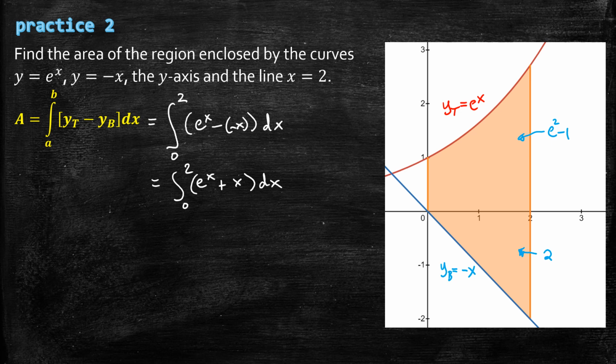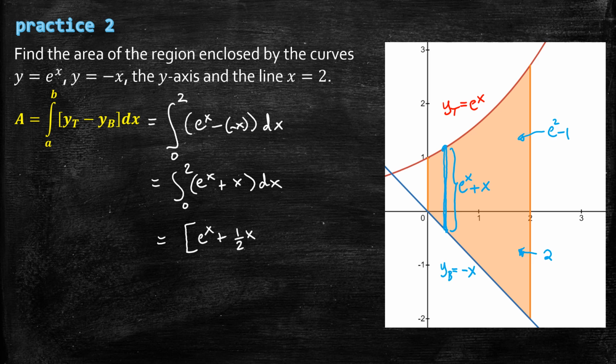So while we're at it, this shows that subtracting the functions works even when one is below the x-axis. Because think about it, the length of this vertical line segment, this portion to the x-axis, is e to the x, and then below, this portion is x, and so the total length is this. So it still works. So let's use the fundamental theorem of calculus for working out definite integrals.